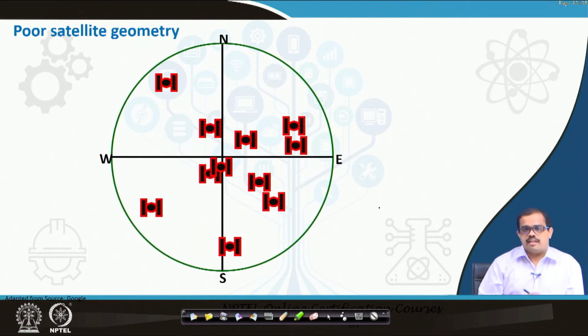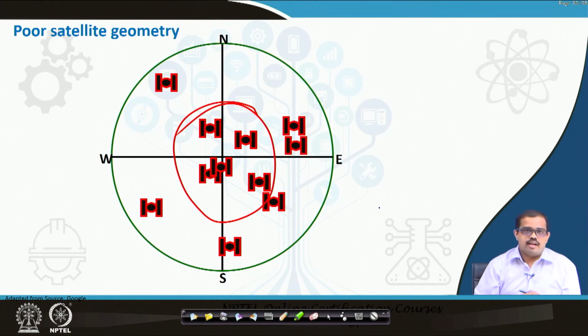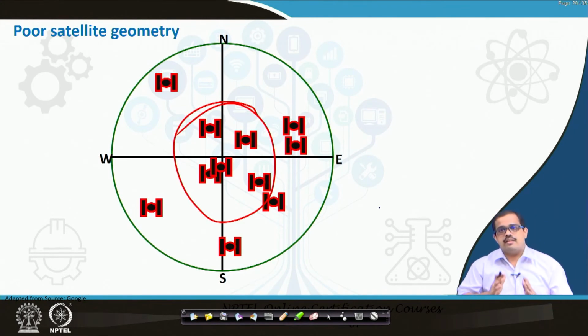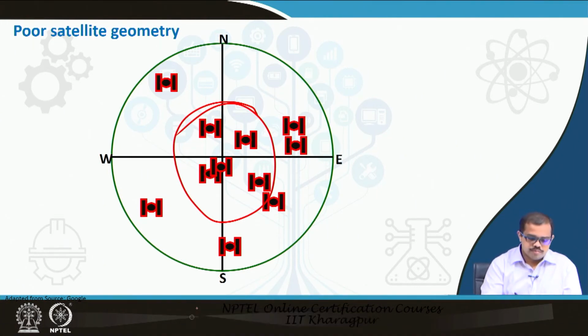It has a very poor satellite geometry, where there will be many satellites in the inner circle, and the outer circle will have many more satellites, and these have crisscrossing signals, which means that it is actually inducing error by itself, and the measurement error, the distance error, creeps in at every point on the Earth's surface. So if you have something like this, then it shows a poor satellite geometry. Okay.